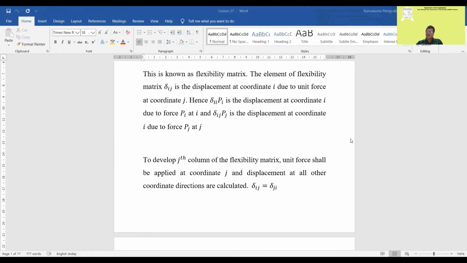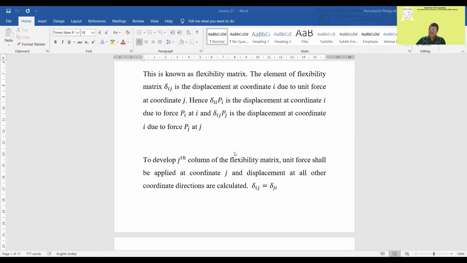Coordinate means you have to find the redundant forces. So choose your redundant forces and assign the coordinates 1, 2. Accordingly, find the flexibility matrix. The first column corresponds to the force applied at coordinate 1, and that will give the displacement at all other coordinates.